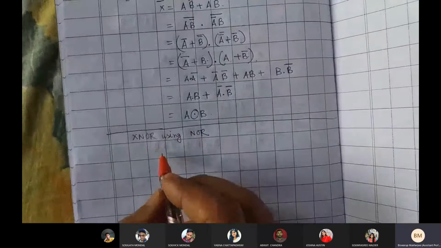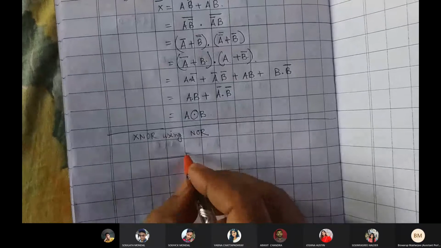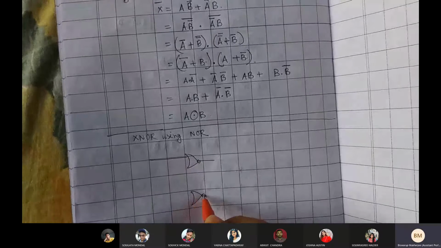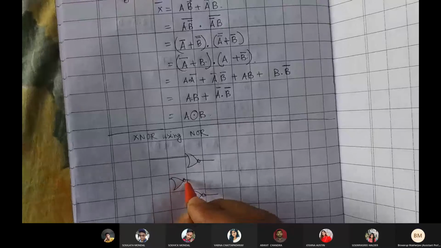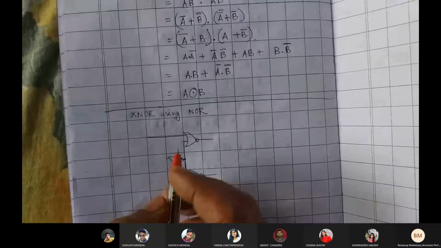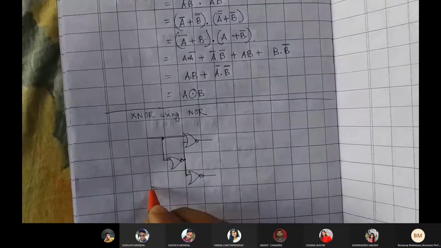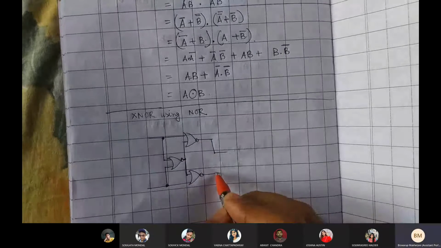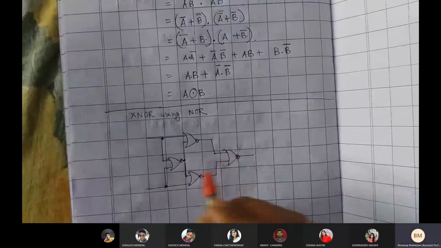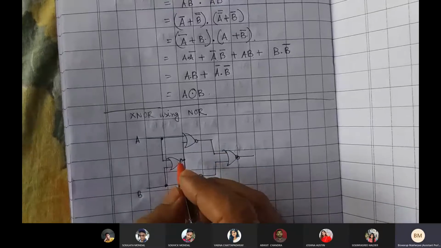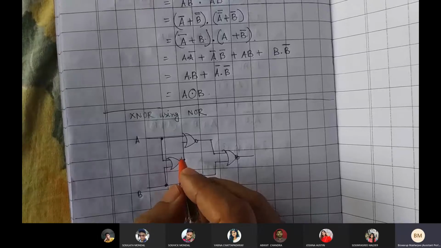The configuration is again the same. So this is A, this is B. Fine. So let us check how it is actually providing you the XNOR operation.